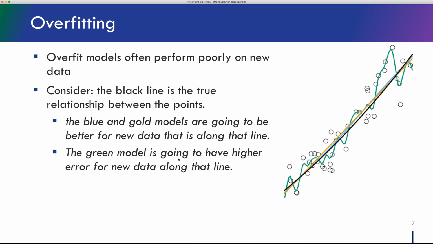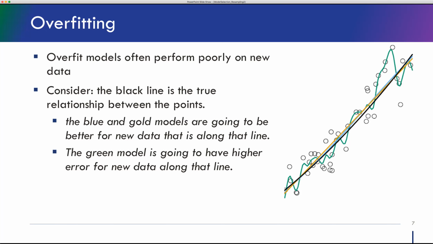And this gray model fits this particular data set well, but when you simulate new data from this black line, it may not track the line nearly as well as in this particular data set.